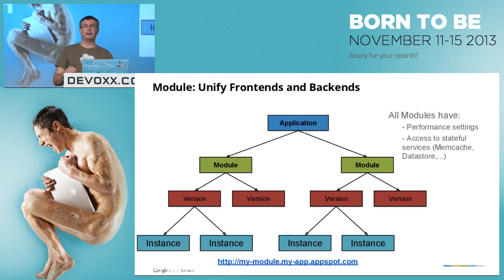You would prepend version 2 in the URL: 2.mymodule.myapp.appspot.com. So you have a notion of default version, but you can override it in the URL. Very simple, easy to understand.